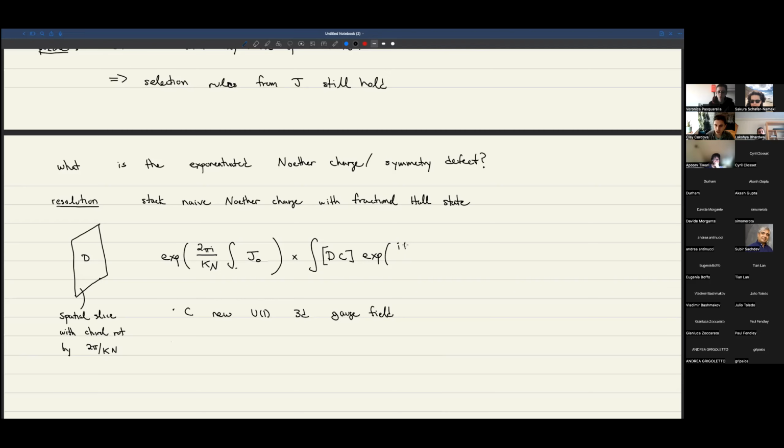We'll have a Chern-Simons term for C, the level is N. And how will it couple to the ambient bulk gauge theory? Well, it couples through this kind of term here, a mixed Chern-Simons term, like that.